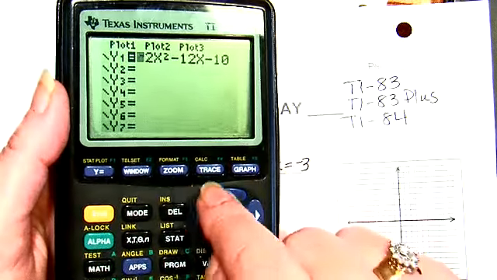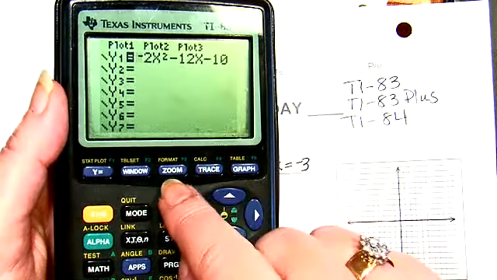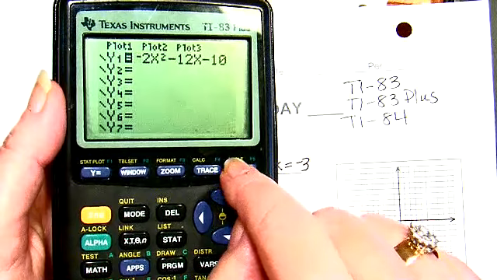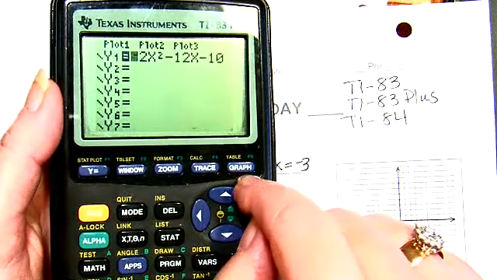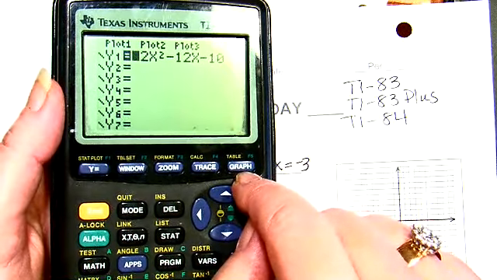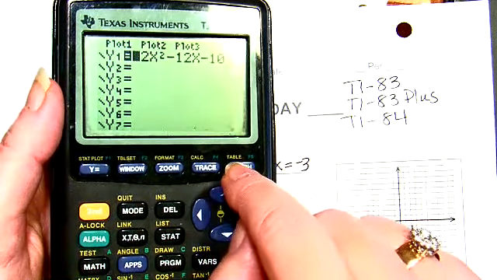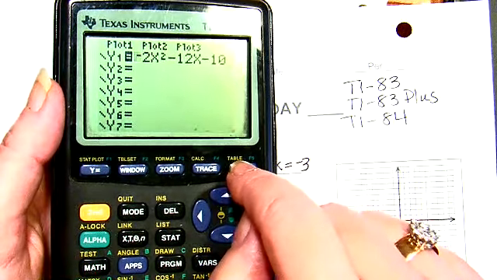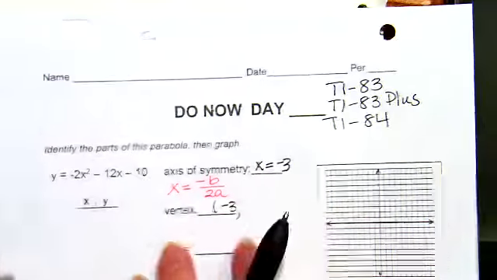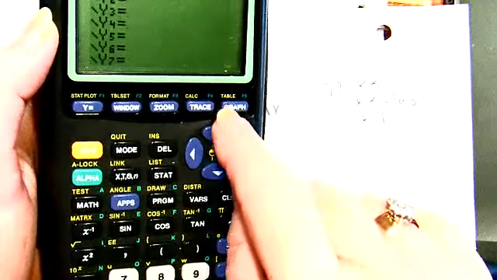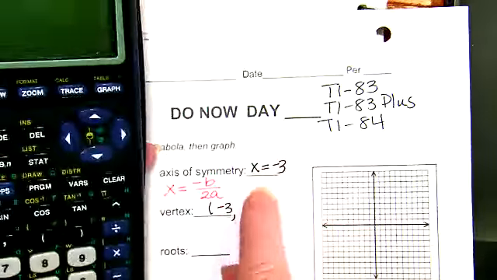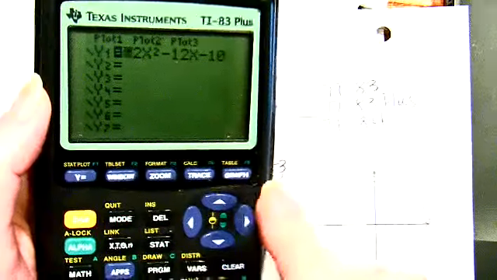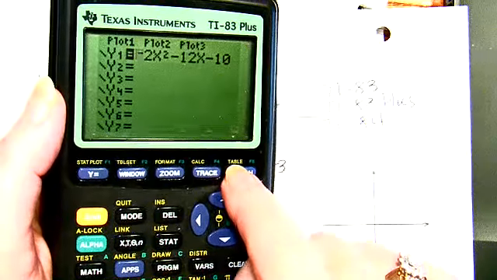Now, most things we're going to find on either the graph or the table. They're on the same button. Graph is written on top of the button in white, and table is written above it in yellow. To find the vertex, I want to go to the table. The table is where it tells me the y that goes with that x. So to get to it, I need to push the yellow button.